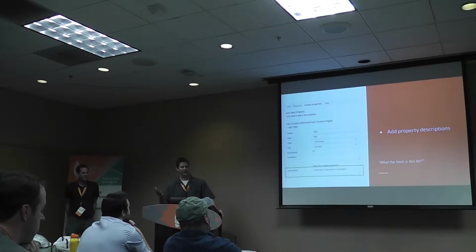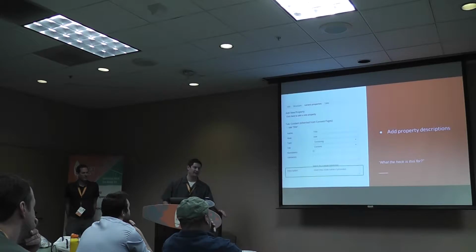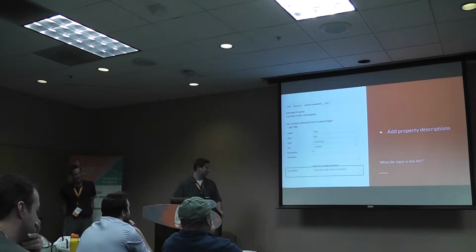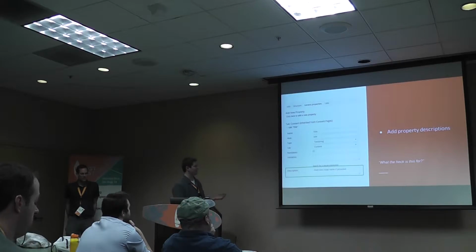Just say, like for an image, instead of nothing there, you could have where it is on the page or the dimensions of it, just a little help. And if you're consistent with these descriptions, then it just ends up being a great experience for the content editor because they have a reliable place to look for all the kids.